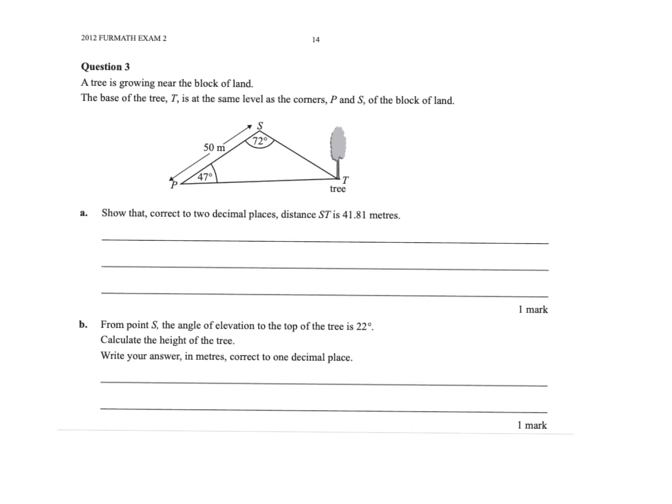Let's go back and do this question here. A tree is growing near a block of land. The base of the tree is at the same level as the corners P and S. Show, correct to 2 decimal places, that ST is 41.81 meters.